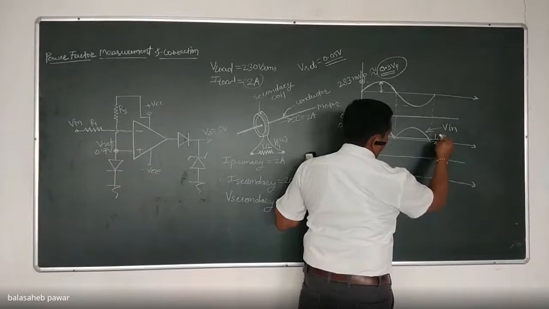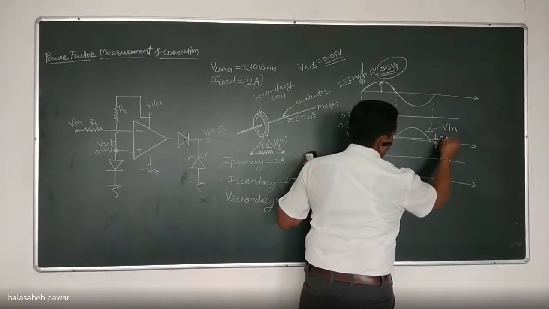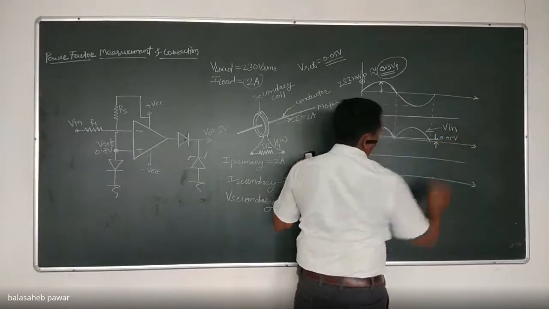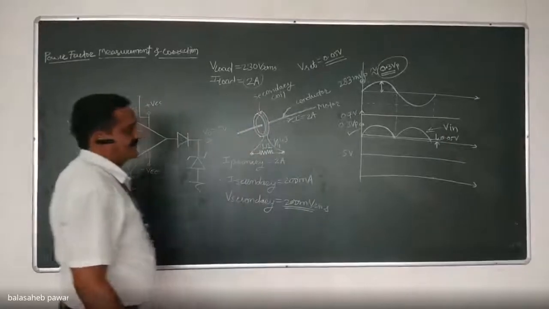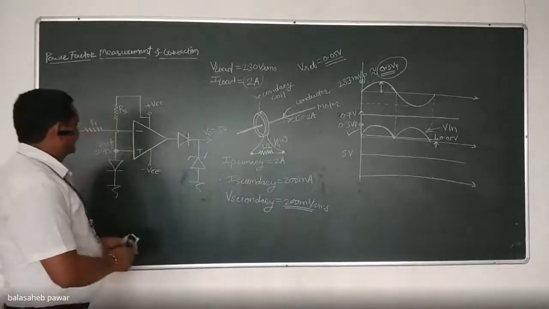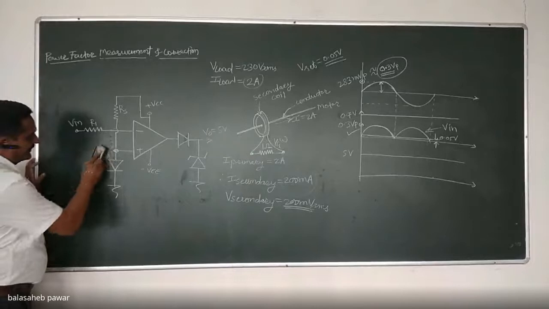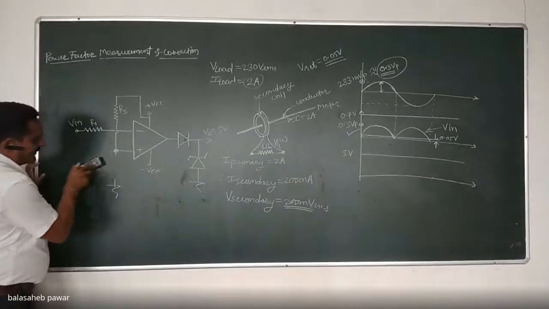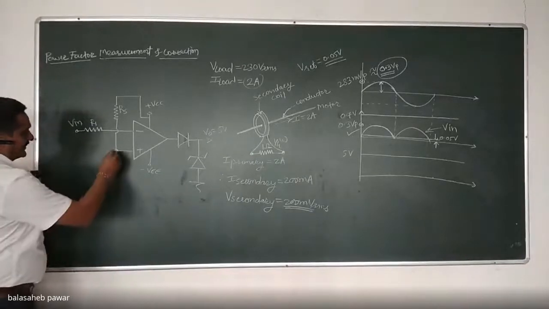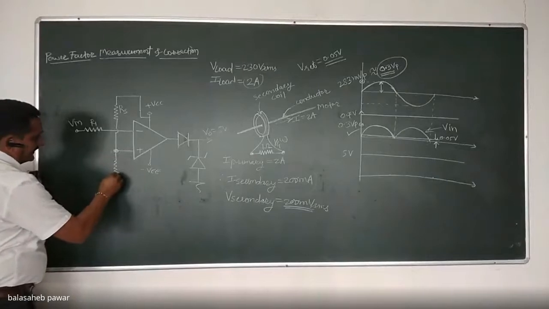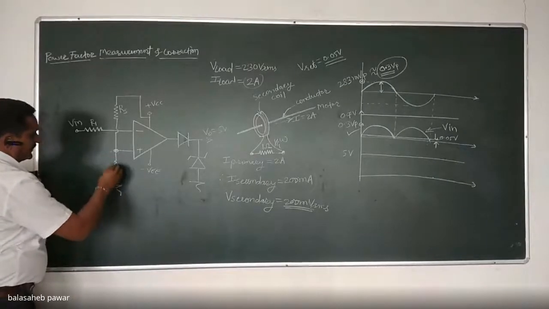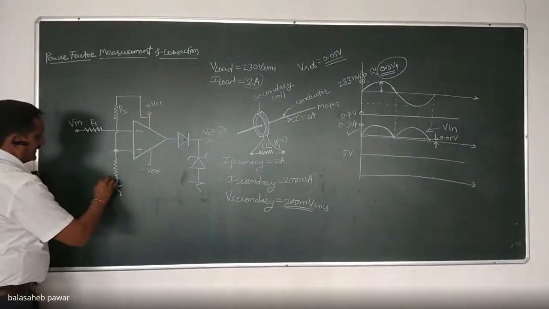This amplitude is 0.05 volt of V reference. So what you have to do? Remove this diode now and connect one potentiometer. I will suggest using a potentiometer here.